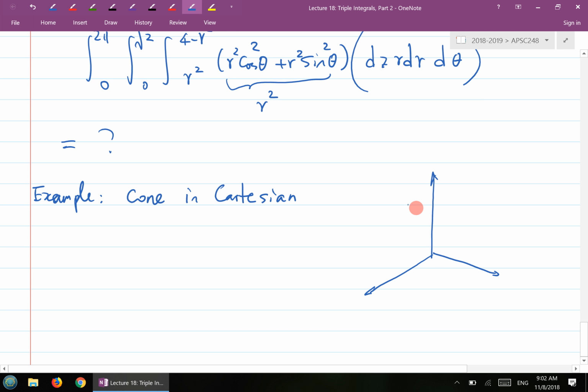And you all love ice cream cones, but have you ever thought about the mathematical expression for a cone? Probably not. That's a cone right here. For a cone, it's a surface. When you have z equal to the square root of x squared plus y squared, that's a cone here.